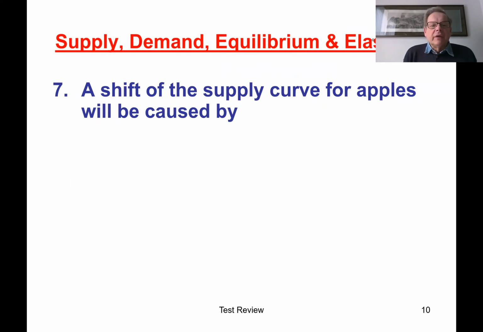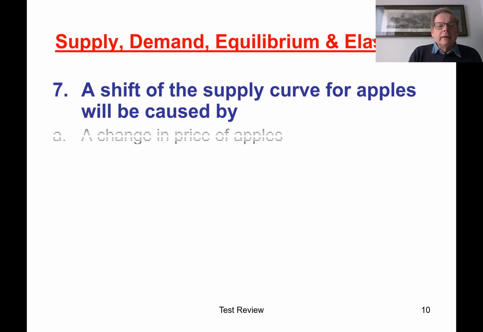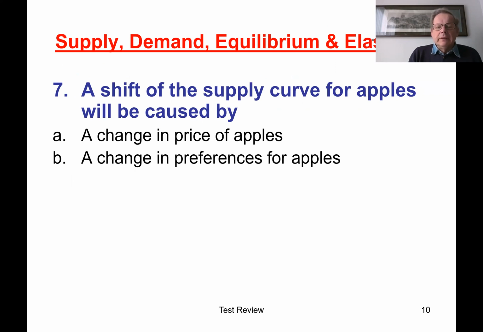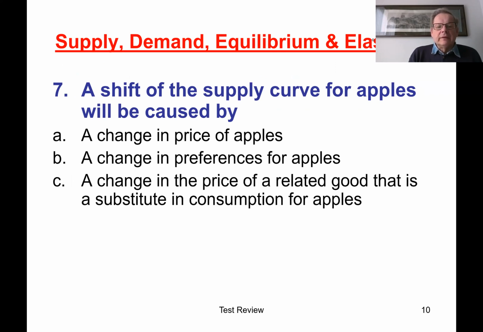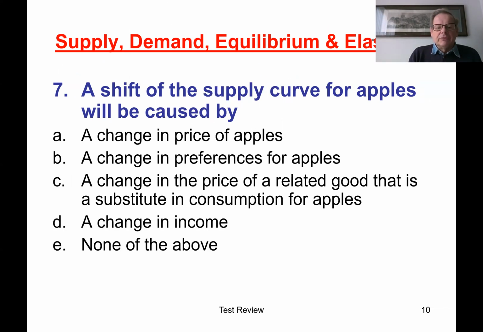Question number 7, a shift of the supply curve for apples will be caused by option A, option B, option C, option D, option E. And then we have an F. Sorry about that.